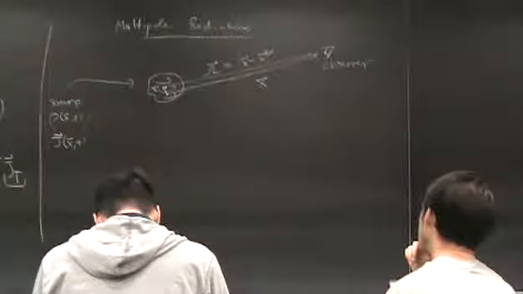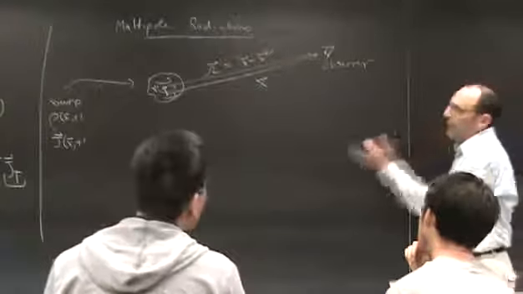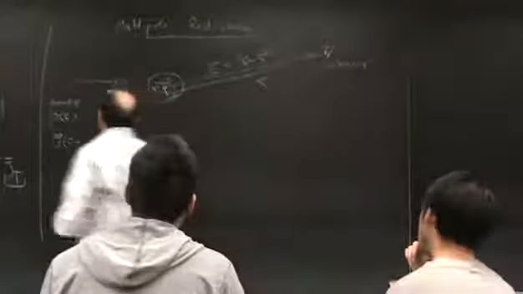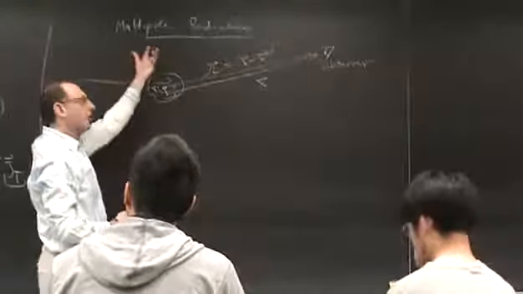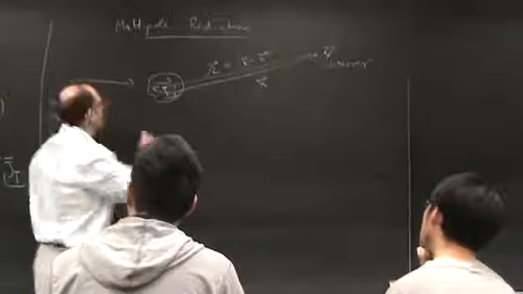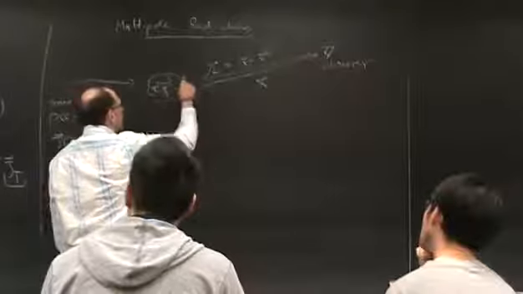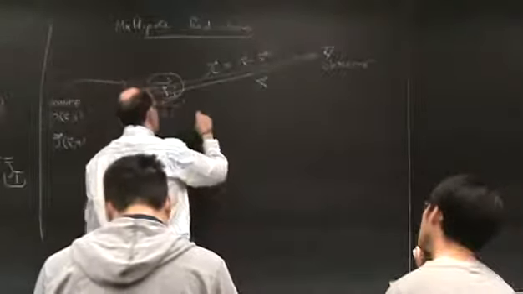So we just have to do this integral. Now, we want to do this in certain approximations associated with the multipole expansion. We're assuming that there is some characteristic size of the source.